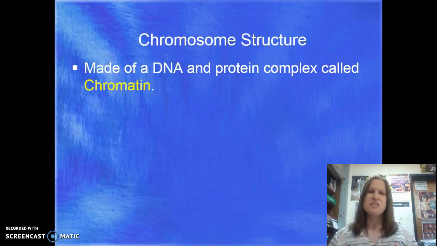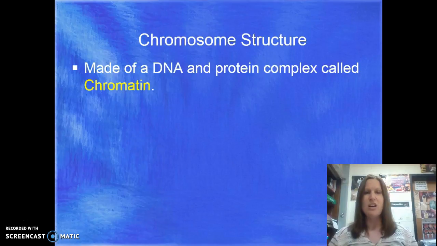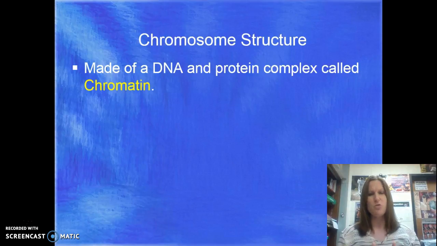There's an image, figure 4.8, titled Nucleus and its Envelope, and it shows you the protein there and how the DNA wraps around it. This helps to give structure and organization. The proteins help with the activation of genes, but they also serve the purpose of maintaining structure. It's kind of like if you take a ball of yarn and wrap it around a core, so that it doesn't get all tangled up and become a hot mess.